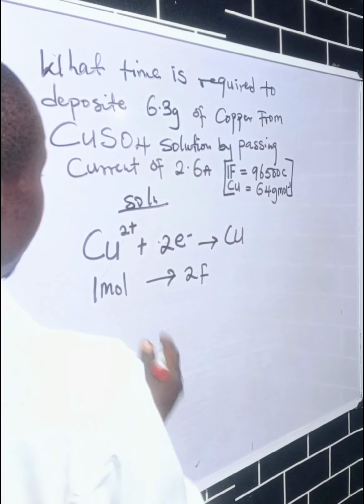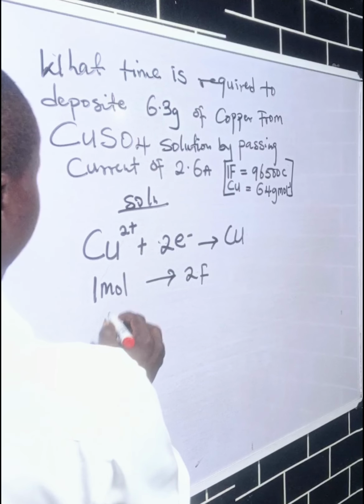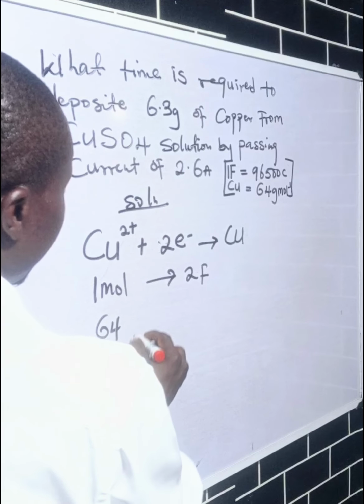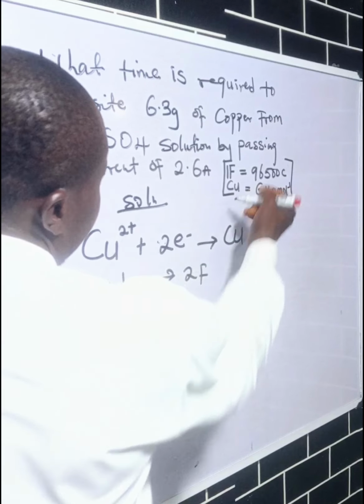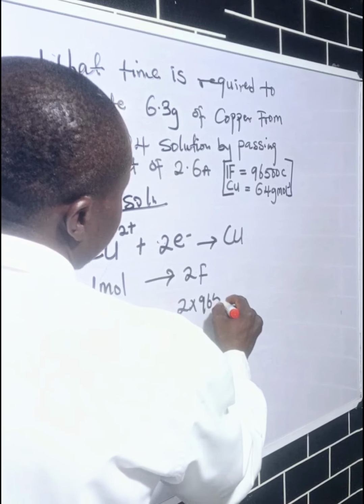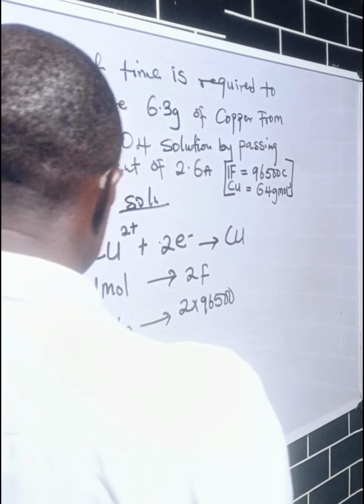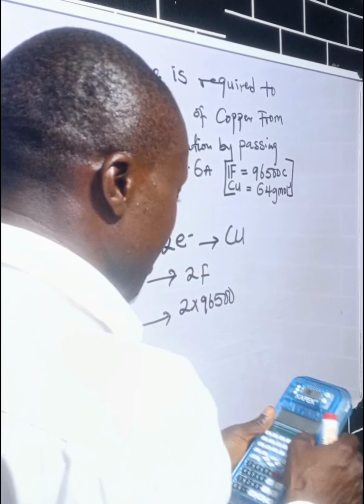On this ground, we have the mass of copper as 64. So 64 gram will give us 2 multiplied by 96,500.